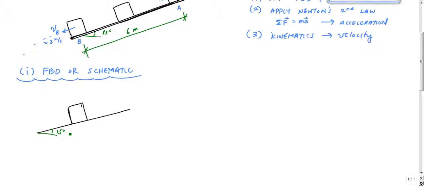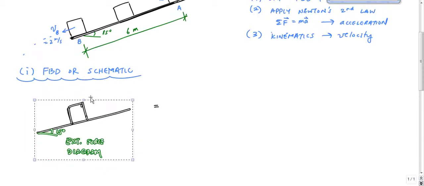The first thing I want to do is, I know I'm going to need an external force diagram and an inertial diagram. So I want this exact same drawing here.